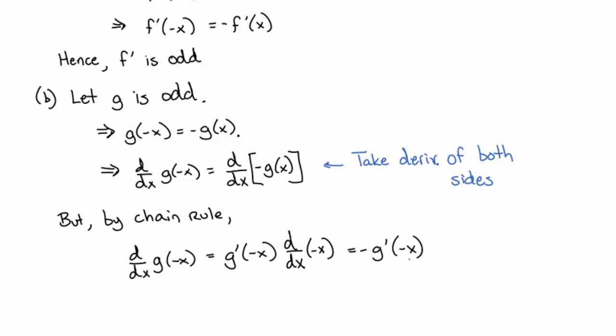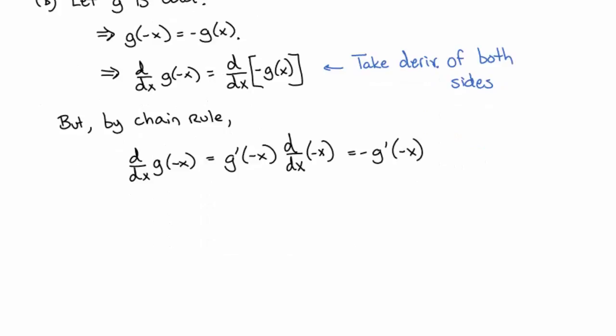Okay. What does this mean? Well, that means that I could trade out the left-hand side for negative g prime of negative x, and I could trade out the right-hand side for negative g prime of x.